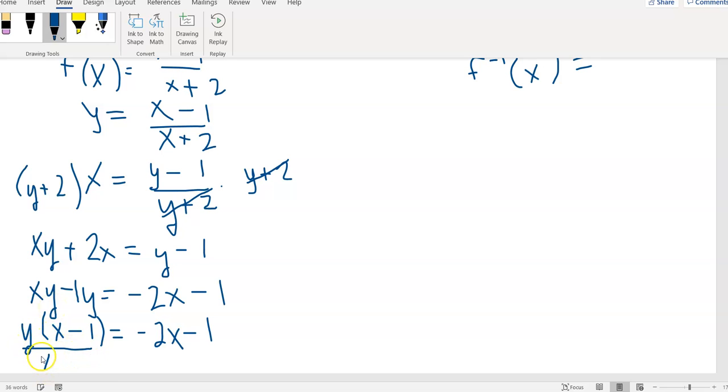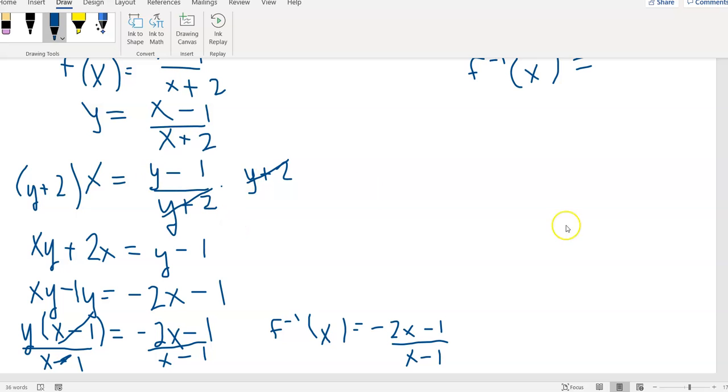So divide out the entire quantity x minus 1. And now we have our inverse. F inverse of x is equal to negative 2x minus 1 over x minus 1.